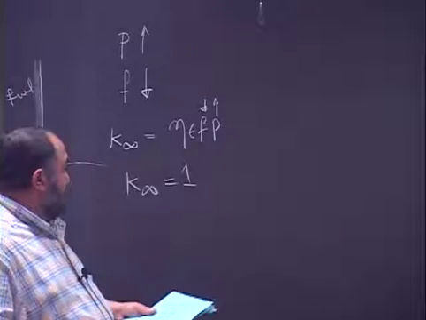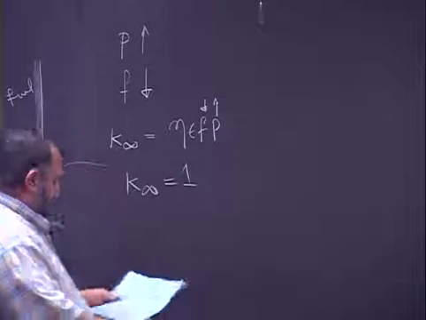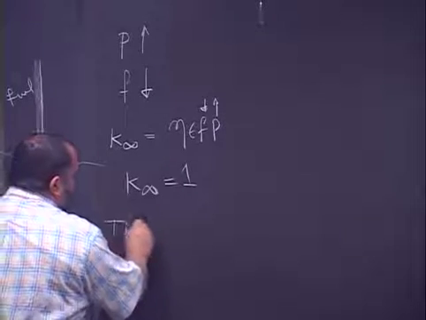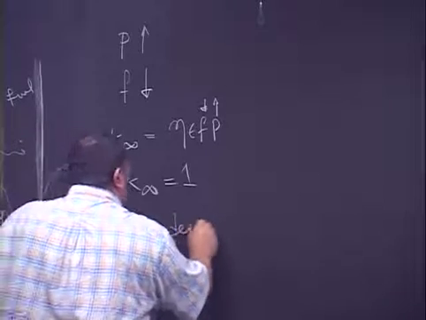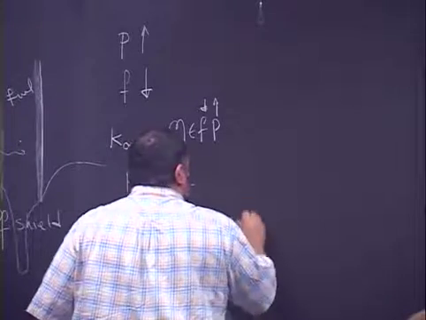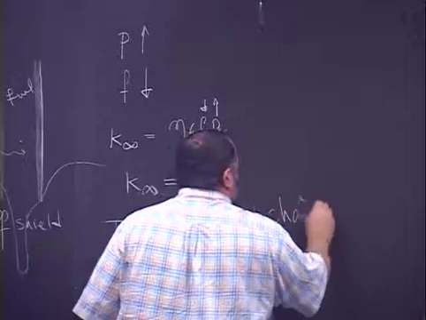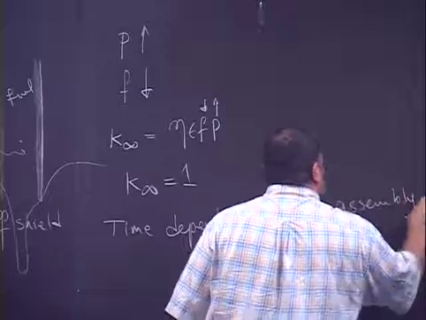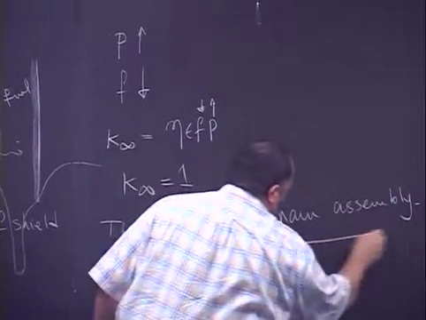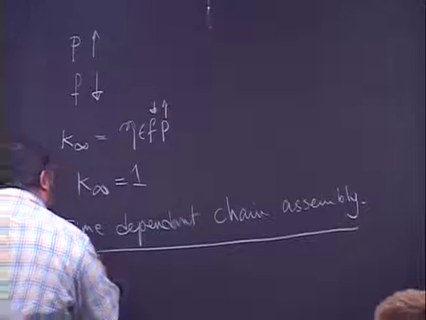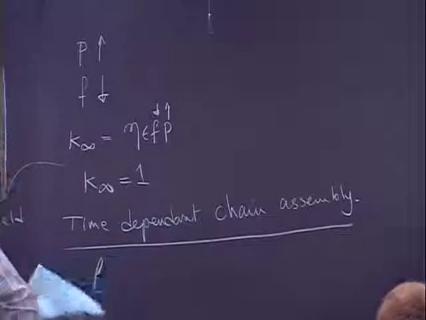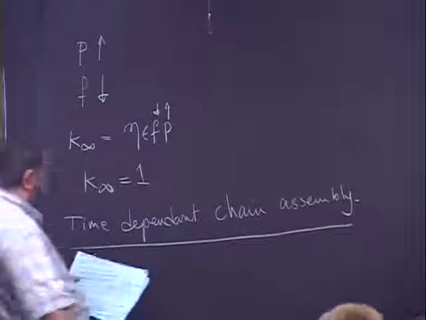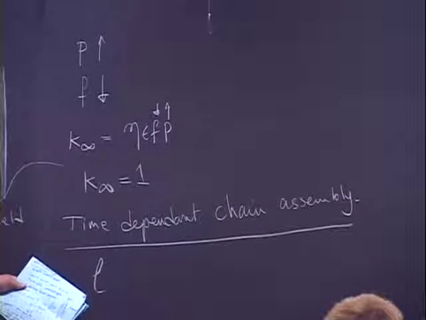So let's talk about time-dependent chain reaction. Let's define the average time l, the average time required for a fission neutron to slow down and get absorbed in the system or leak out.